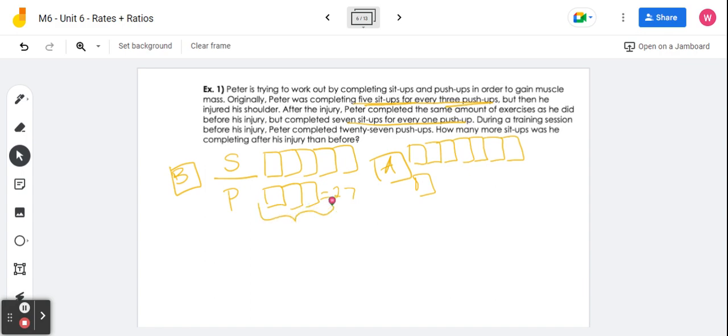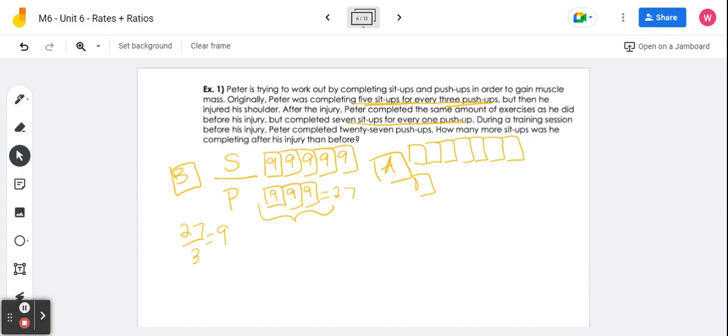And we can see that before the ratio was 1, 2, 3, 4, 5 sit-ups for every 1, 2, 3 push-ups. If this was 27, what would one of these pieces of tape represent? Well, 27 divided by 3 is equal to 9. So that means there was 9, 9, 9. Each one of these pieces of tape is equal to 9.